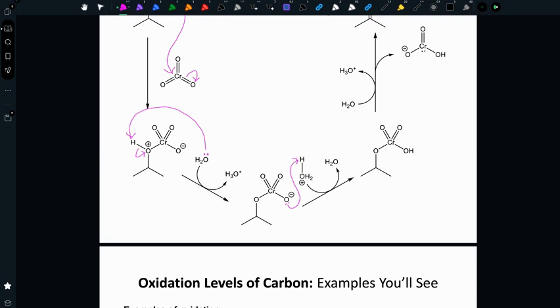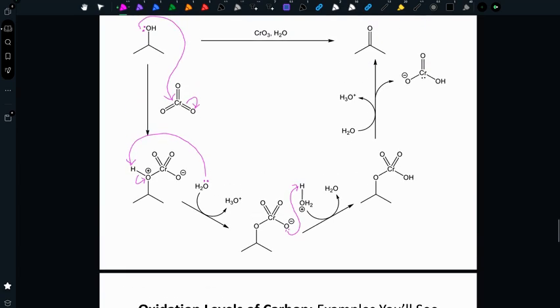And now the last step. This last step is pretty tricky, but it's important to notice that I need to remove a hydrogen from my central carbon, and I need to break off that chromium compound.